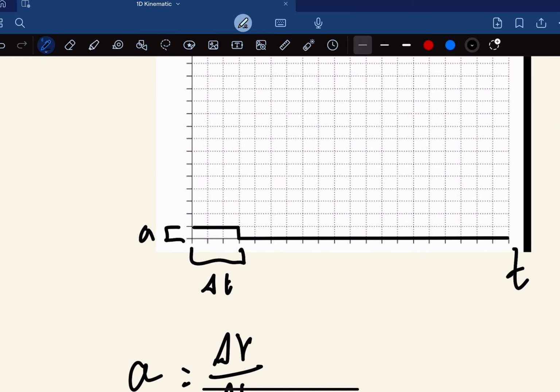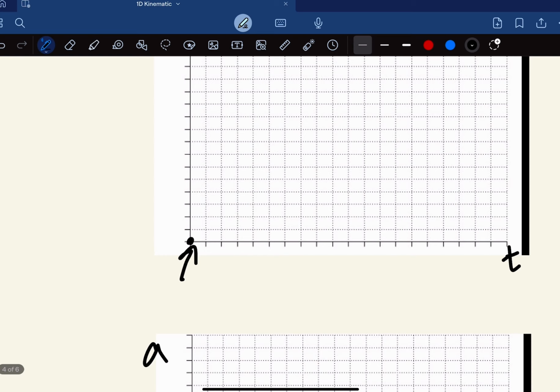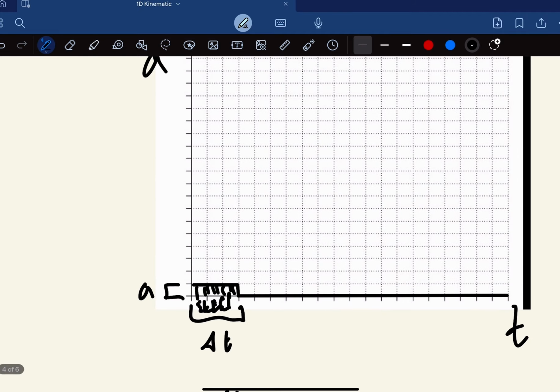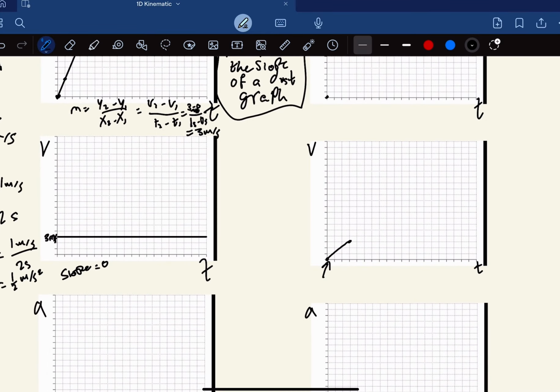And then since this is constant and each individual mini square that we split up has the same change in velocity, given that it's the same time interval, we know that our change in velocity is going to be constant and linear, and it is going to follow this line.